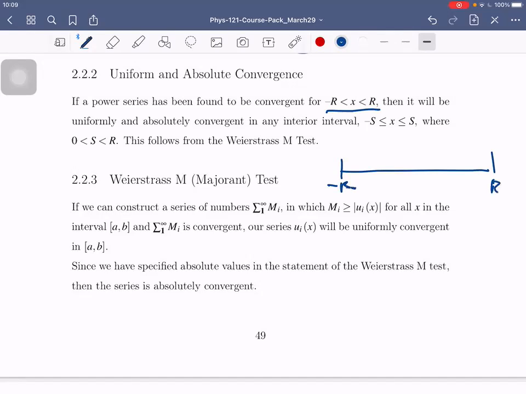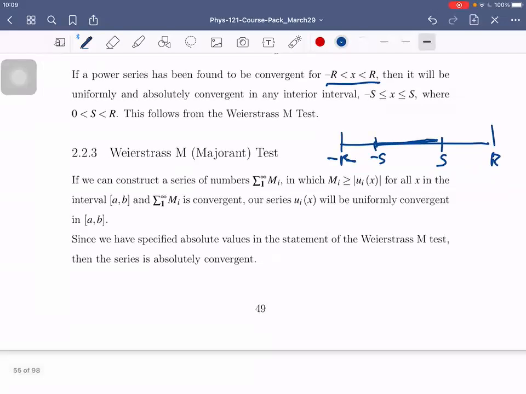Kapag kumuha ka, kung alam mo yung series mo ay convergent within this range, if you have a smaller range, let's say negative s to s, convergent pa rin siya dito as long as subset siya ng mas malaki mong interval. Okay? Of course, if it goes beyond that, ibig sabihin, hindi na siya convergent or you cannot say necessarily na convergent siya doon.